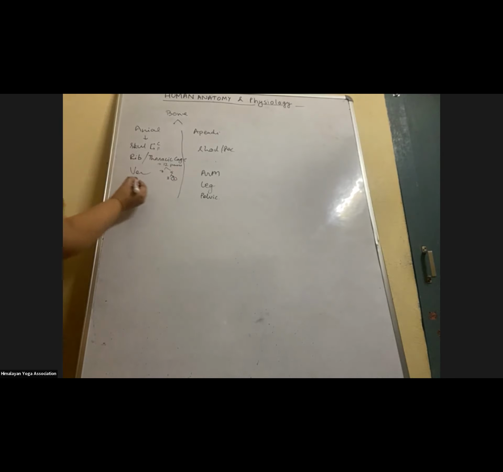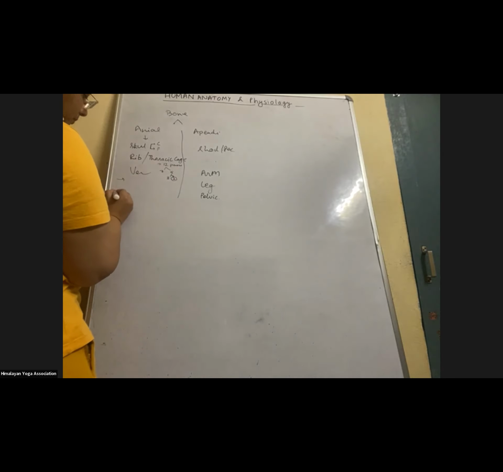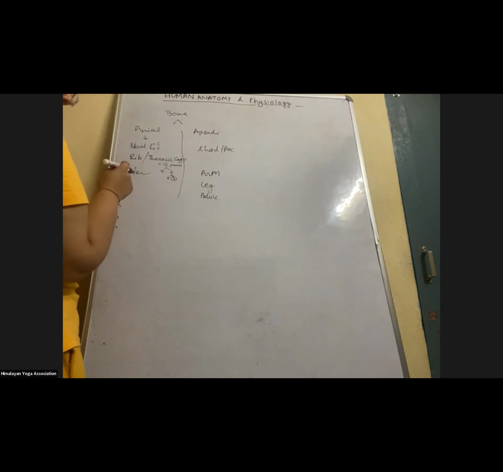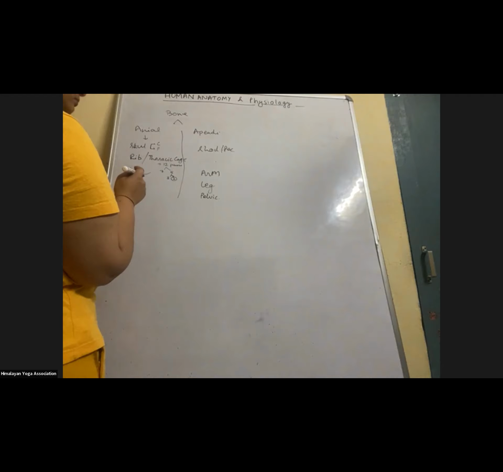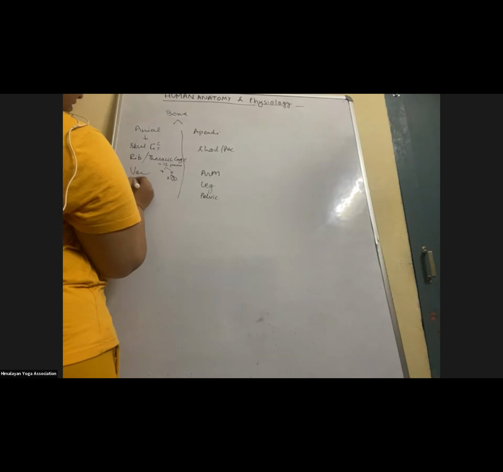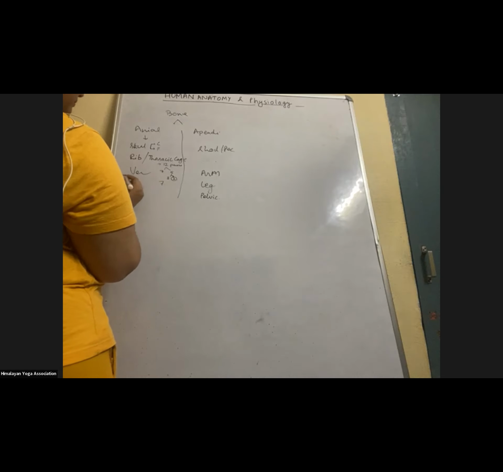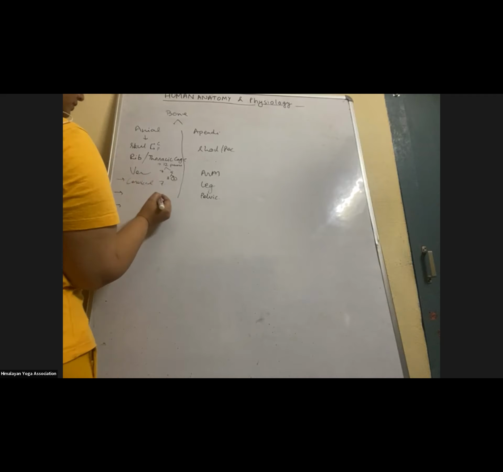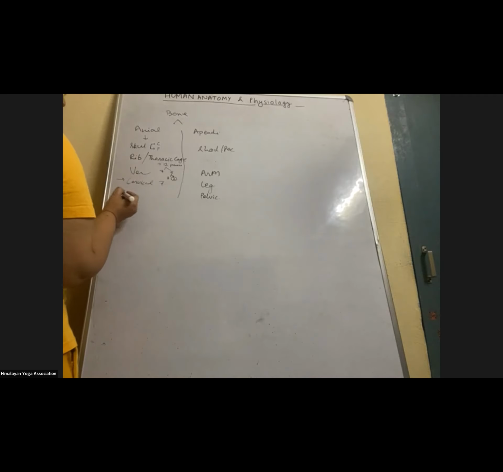Now, vertebrae. How many types of bones do we have in the vertebral column, starting with the neck? 7 cervical. Very good. Then we have 12 thoracic.